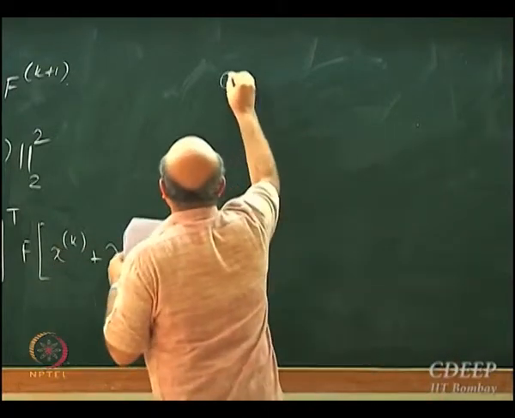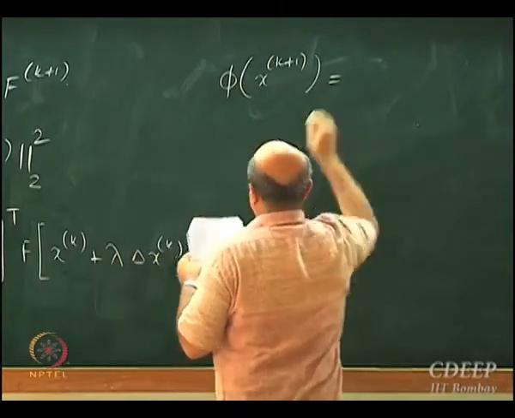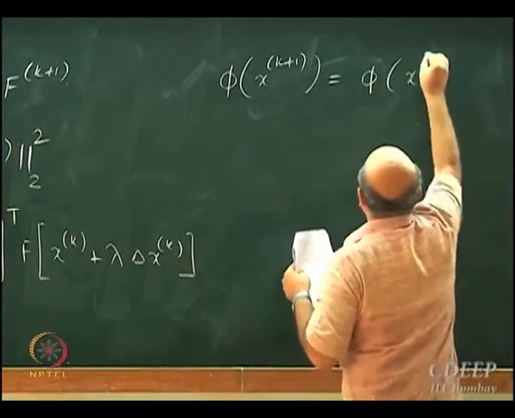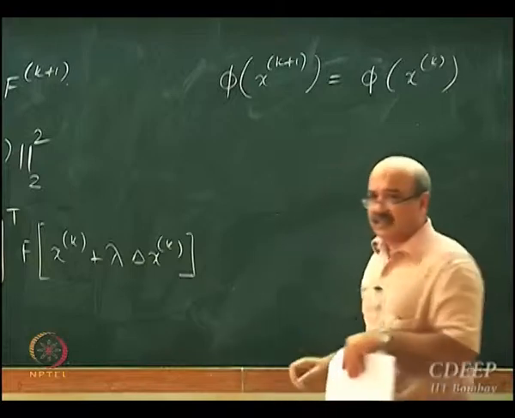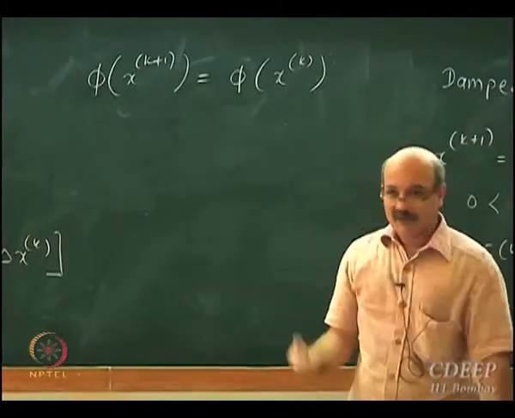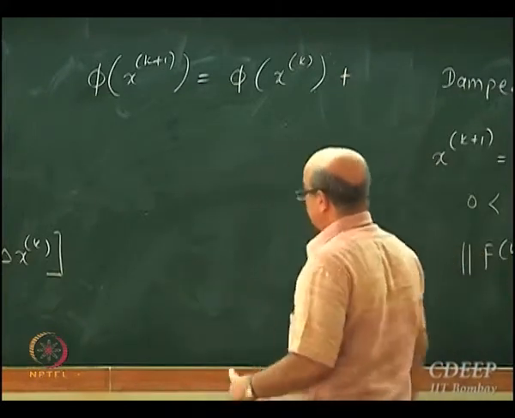So my phi x k plus 1 is equal to phi. This Taylor's theorem is like a foundation, it helps you everywhere, wherever you move in applied engineering mathematics.